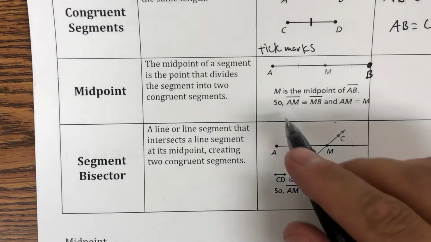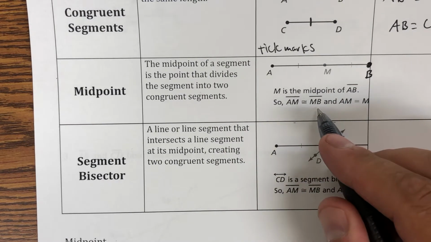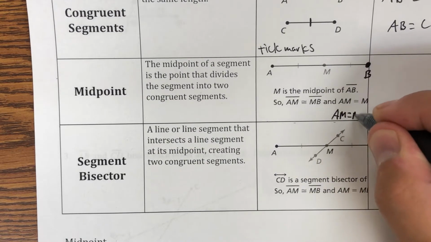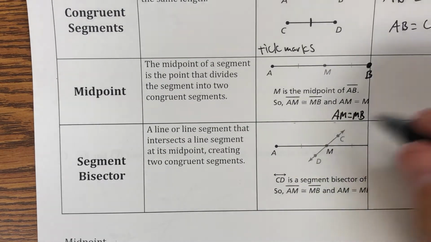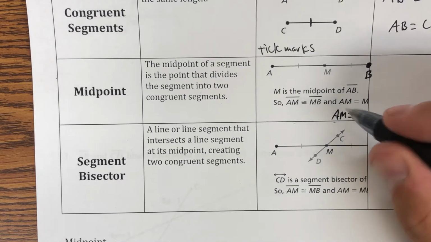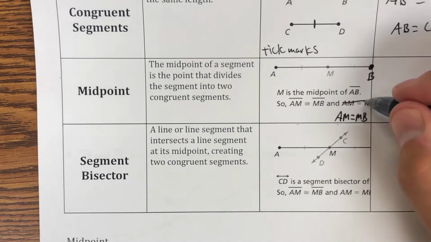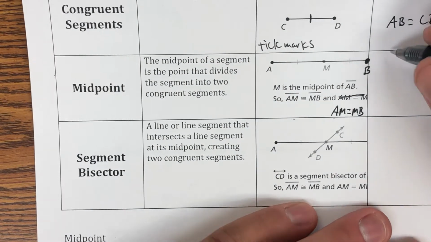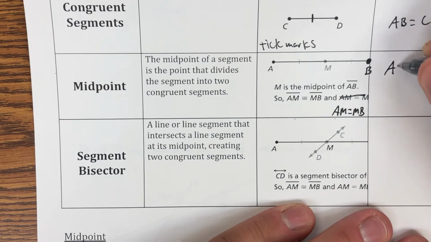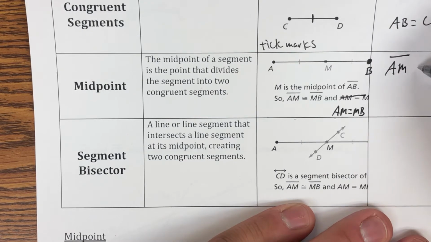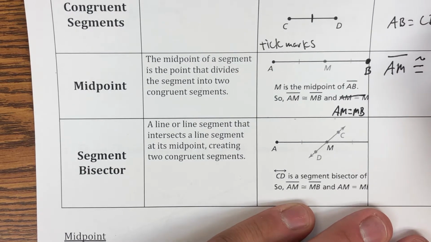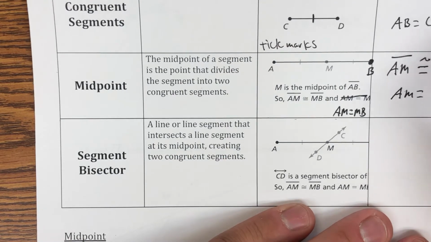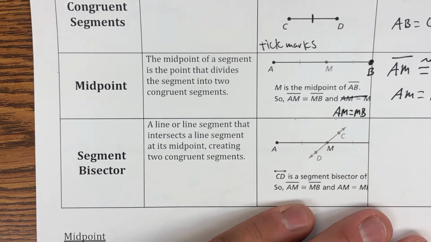So I could say AM is congruent to MB, and AM is equal to MB. When I say they're equal, no segment sign. When I say they're congruent, there needs to be a segment sign. So named, just one more time, AM is congruent to MB. And I could also say AM is equal to MB.